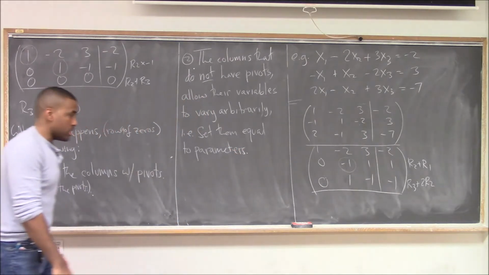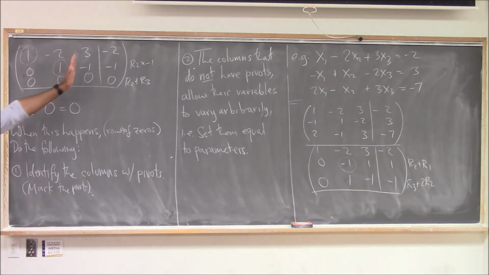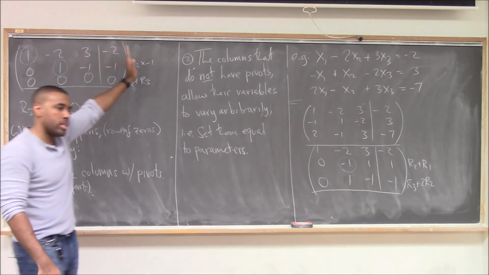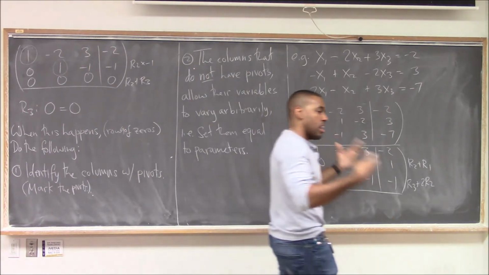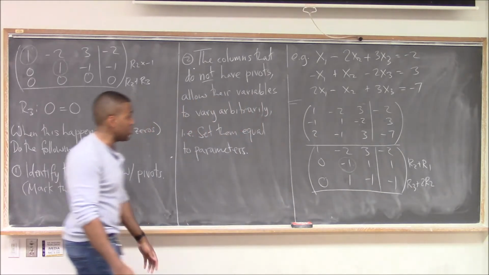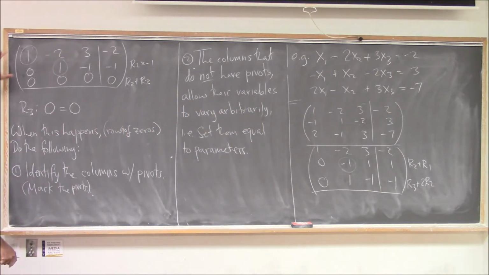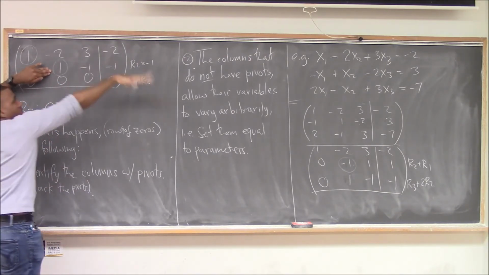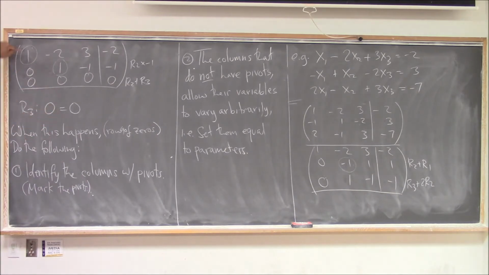The idea here is that for anyone who does not have a pivot, the variable for that column I will set equal to some parameter. It will be a variable that can take on any value it chooses. The reason being, with these equations, the pivots mark the subject of the formula. So when I want to solve an equation, I'm going to move everything else to the other side. I can do that for the x1 variable, I can do that for the x2 variable. The thing is I can't do that for the x3 variable.